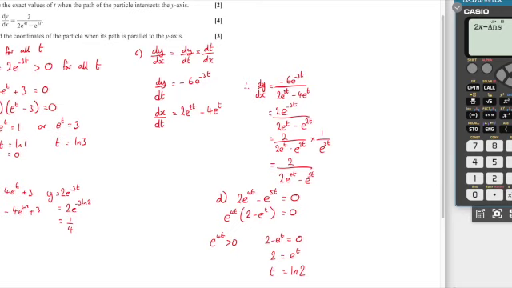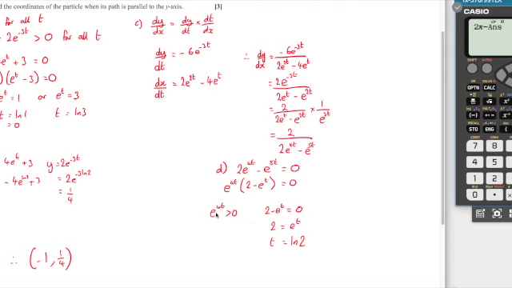So therefore, I get those coordinates, which are just off screen there. Minus 1 and a quarter.